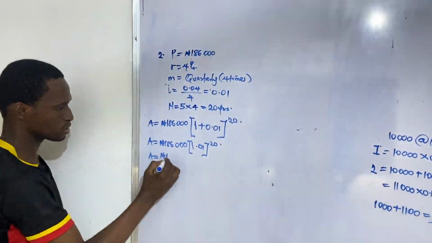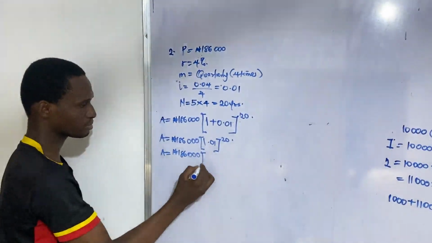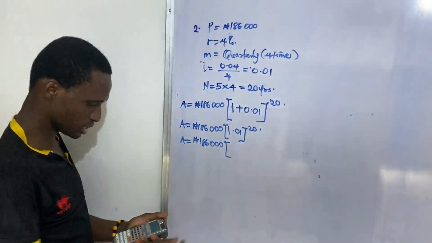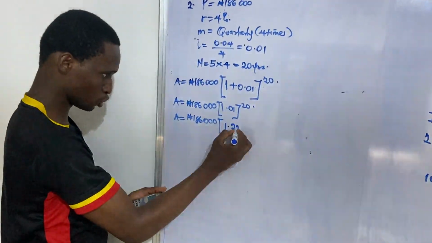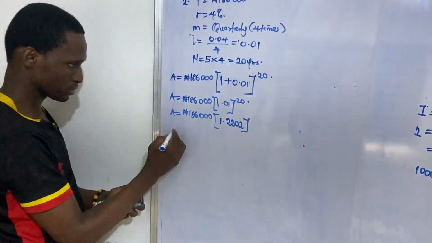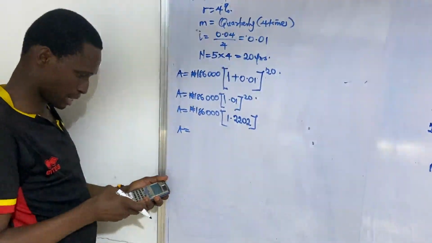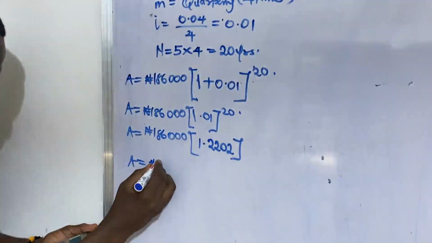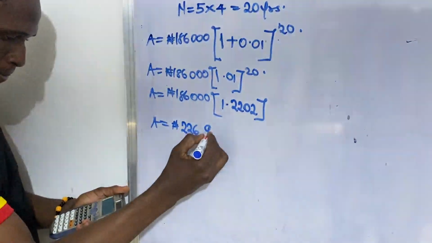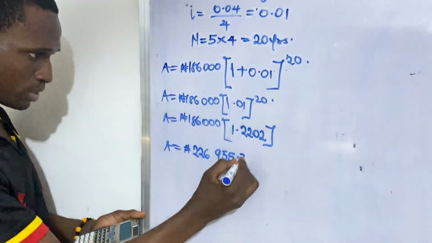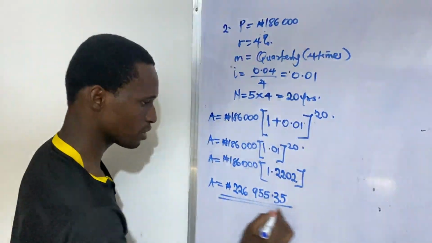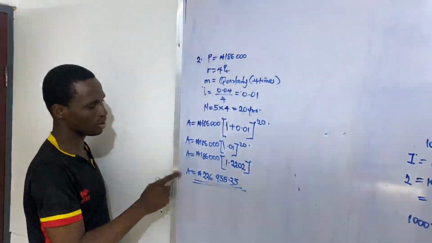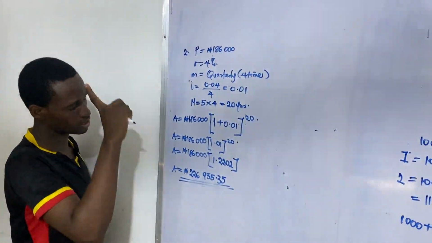So A will be 186,000 naira times 1.01 raised to power 20. That will be 1.2202. So multiply by 186,000, that will give us 226,955.35. So this is the amount we are going to be getting in our account at the end of 5 years.